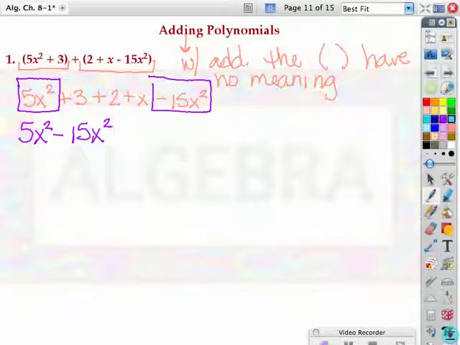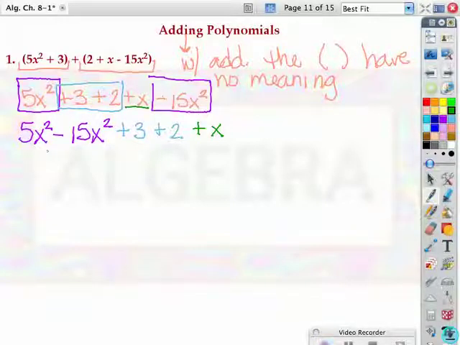All right, now as we move down, we have these two that are like terms because they are just numbers. So plus 3, plus 2, and then we have our Lone Ranger out here, this x. It is not a like term with anything because nothing else in this whole expression has just x. So now we do our adding and subtracting.